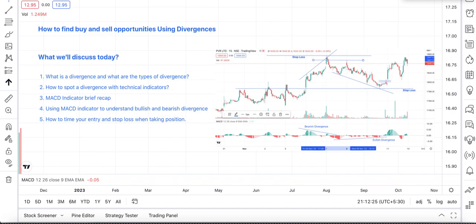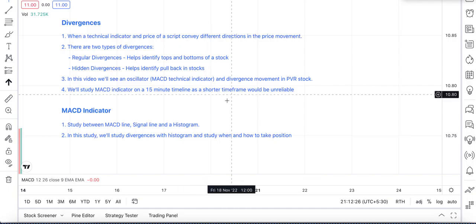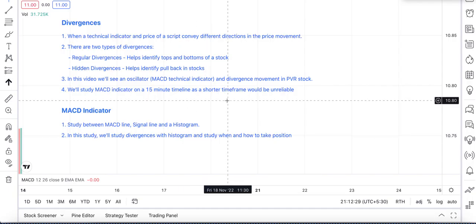Now, very quickly, starting off with what a divergence is. A divergence in the market is basically whenever you see the price of a script or index going in a different direction from what a technical indicator is trying to convey to you.